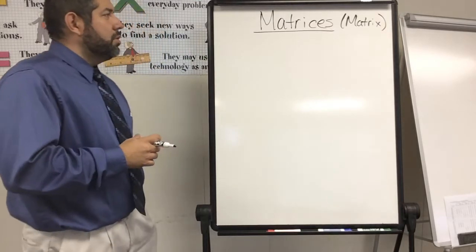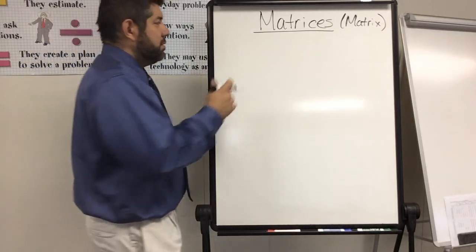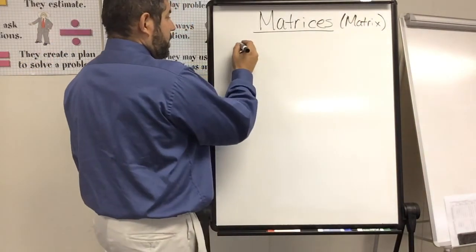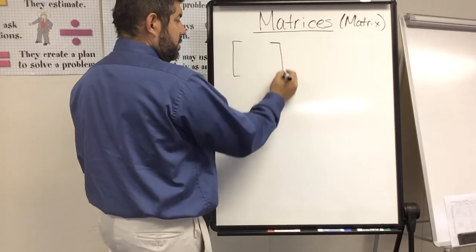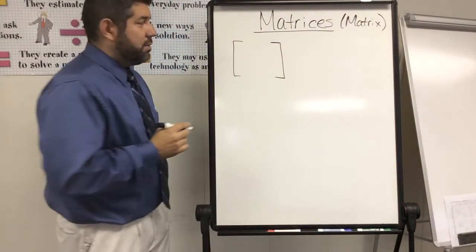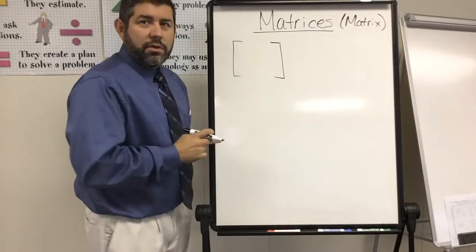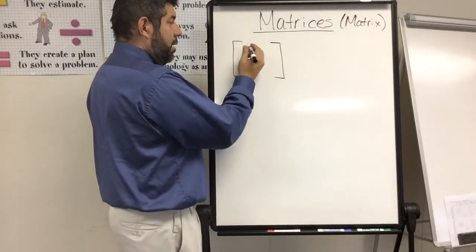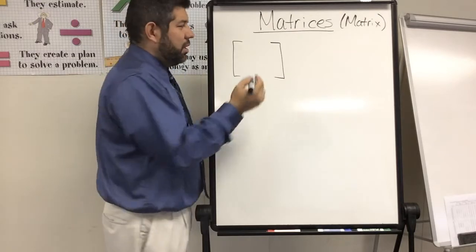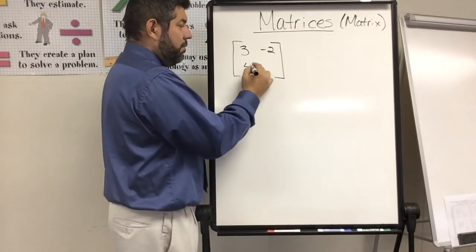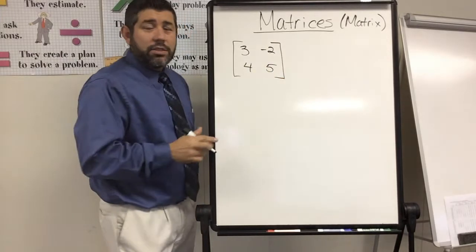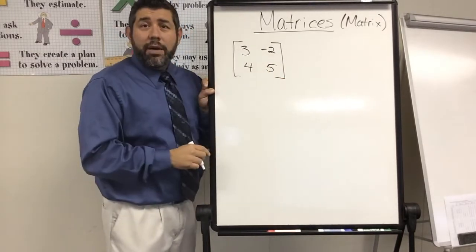This is what it looks like. We usually use big brackets, and each part of a matrix is called a cell. I'm going to use numbers here just for an example: 3, -2, 4, and 5. Each of these is a cell in my matrix.